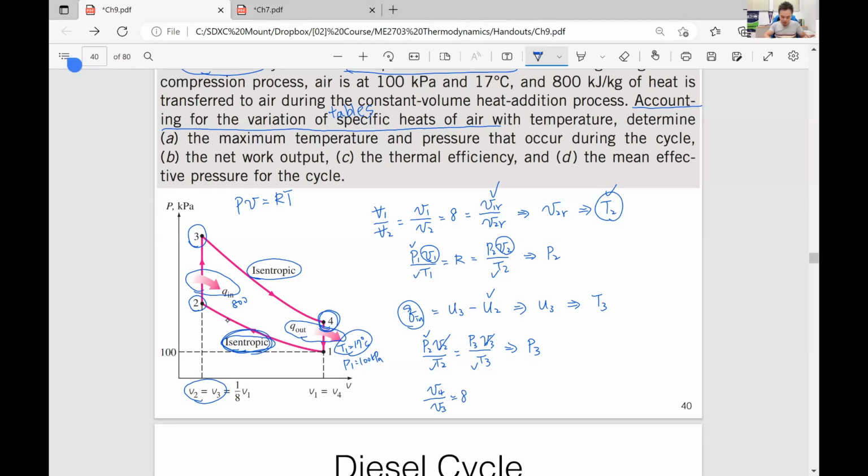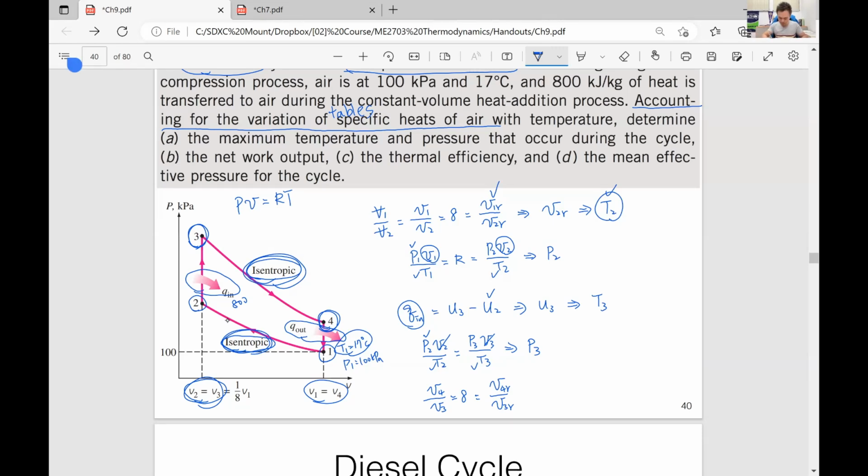Because V4 is the same as V1, and V3 is the same as V2. So V4 over V3 is the same as the compression ratio, which is given. Then this is V4R, this is V3R, because 3 to 4 is an isentropic expansion.